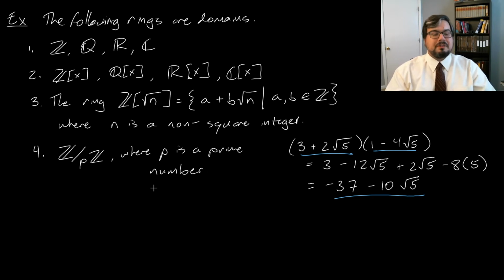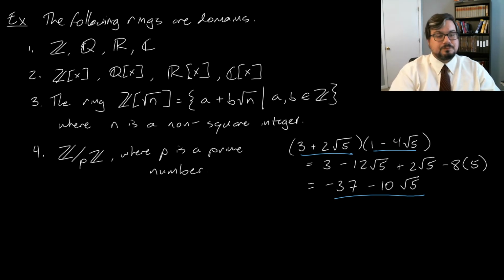So of all the rings Z mod nZ, some of them are domains and some of them are not. The ones that are domains are the ones where we are modding out by a prime number, and where our operations are addition and multiplication modulo a prime number. Now, on the other hand, the following rings are not domains.